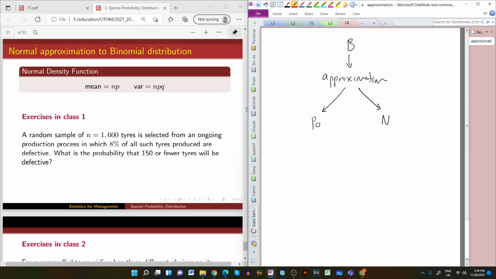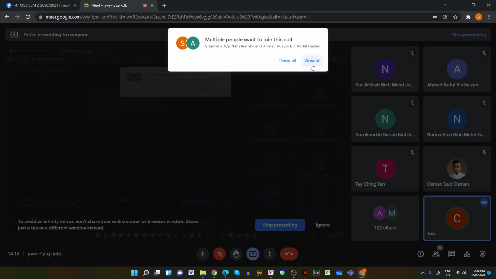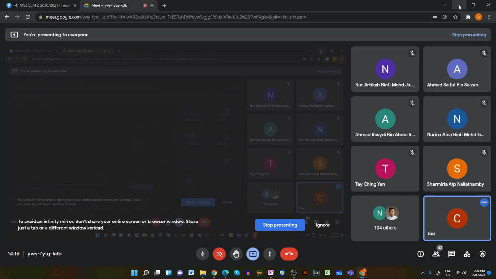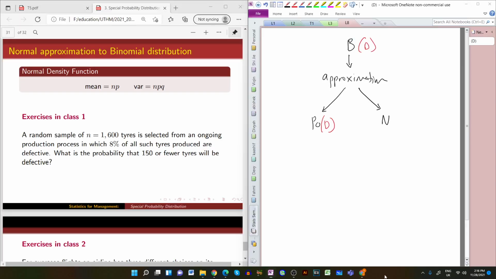Before I go on with this exercise, binomial is discrete, Poisson also discrete, so no adjustment is needed in the variable. Binomial and Poisson are one type, discrete, and this we have done. But normal is continuous.